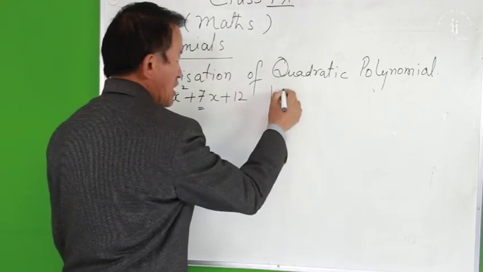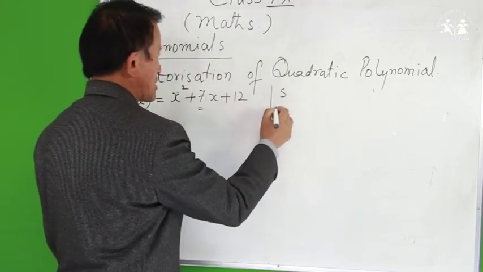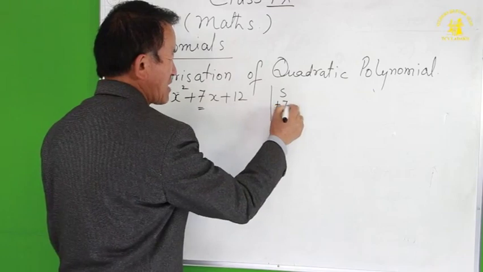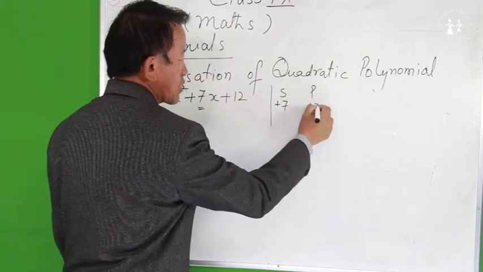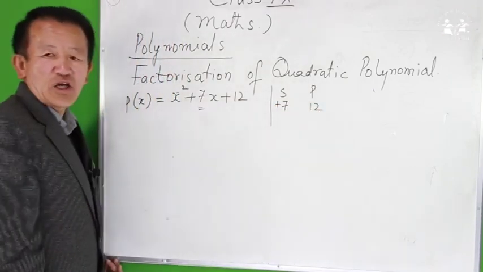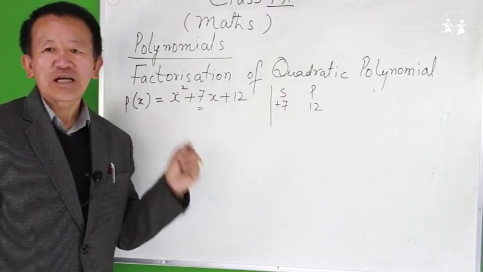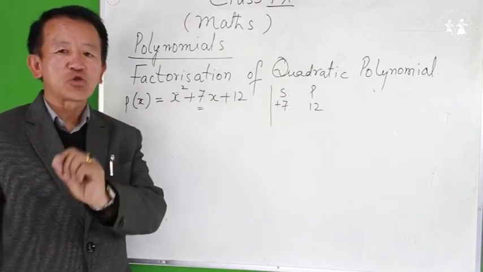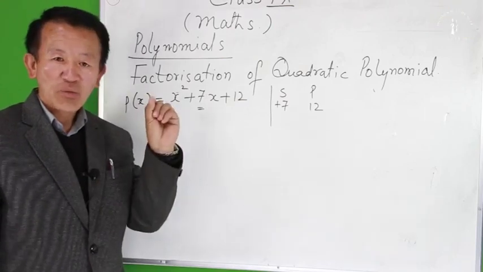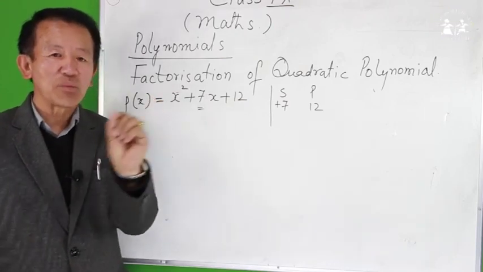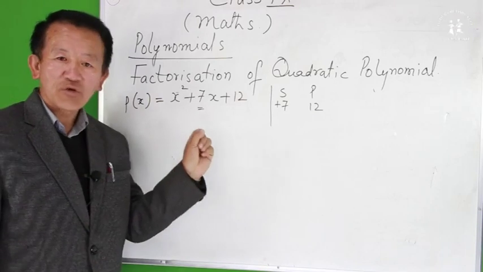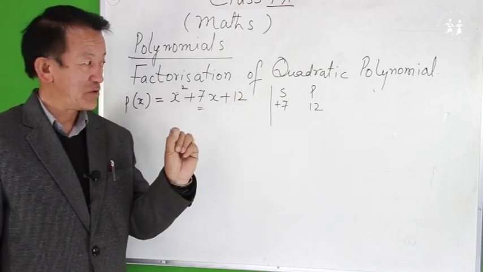So the sum of the two numbers is plus 7, and the product is plus 12. If the product is positive, we conclude that the signs of these two numbers will be the same. Either both of them will be positive or both of them will be negative.